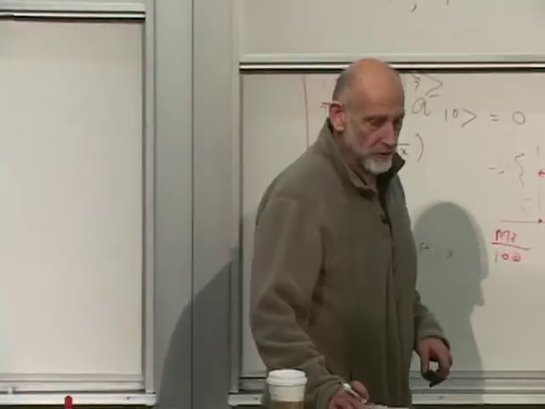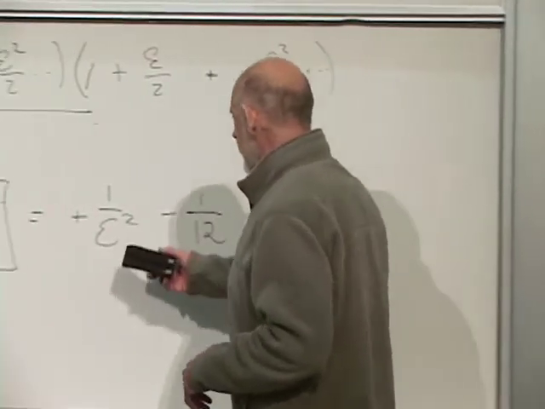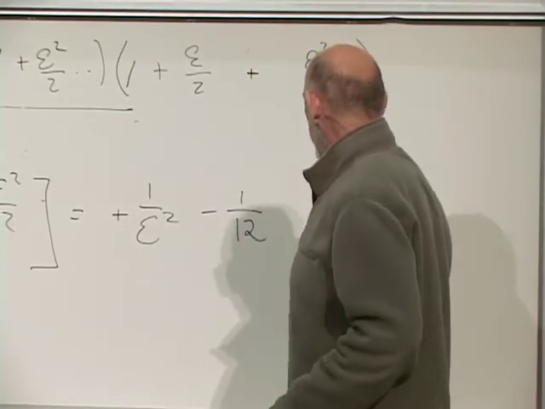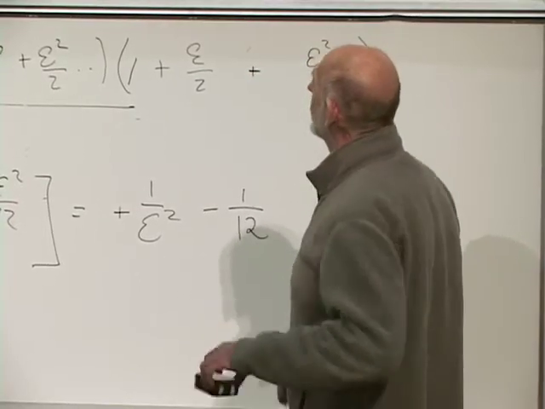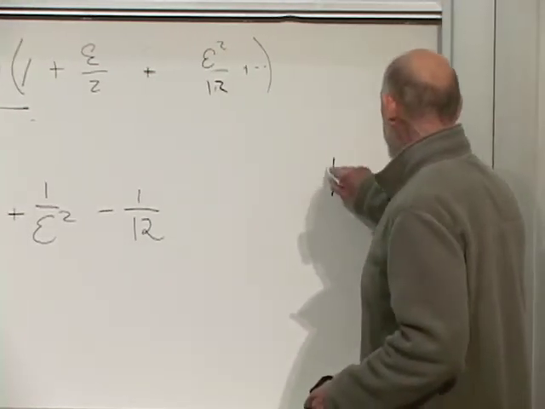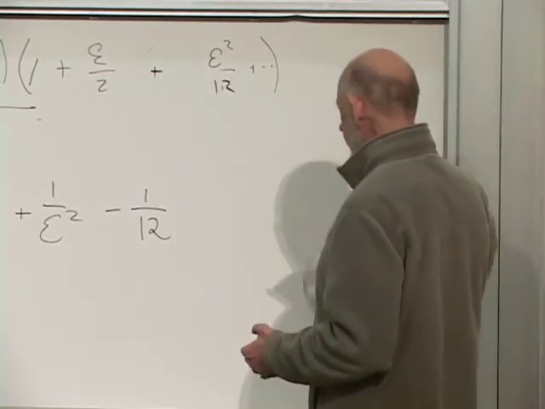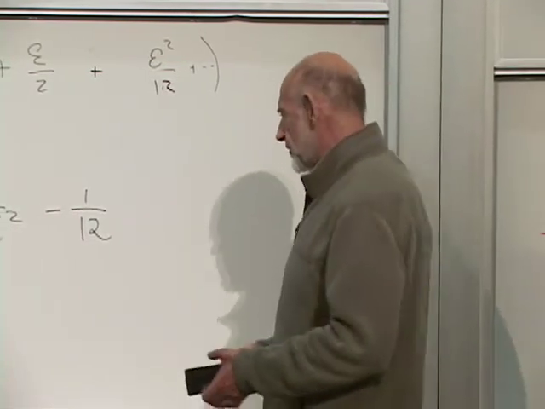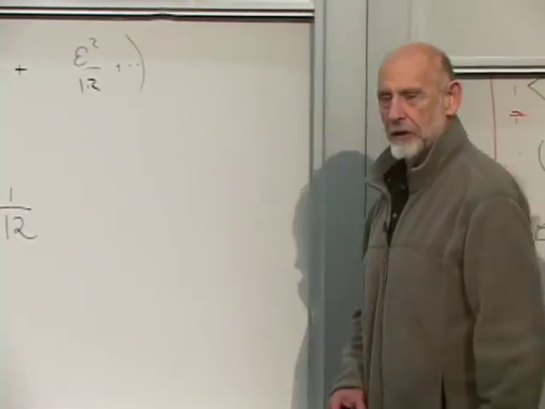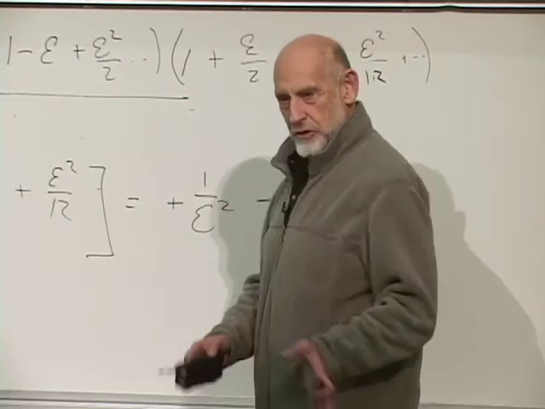The reason is that this term is an infinite constant which gets absorbed into the p squared term, the infinite term in the energy, and a really careful analysis of it allows you to absorb this into an additive constant in the energy that doesn't do anything. For the moment, you'll have to accept that.